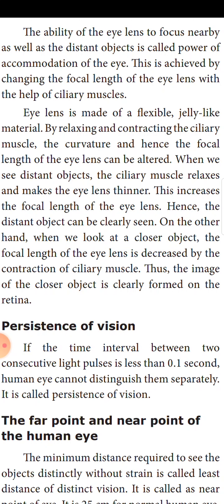When we see distant objects, the ciliary muscle relaxes and makes the eye lens thinner. This increases the focal length, hence the distant object can be clearly seen. When we look at a closer object, the focal length of the eye lens is decreased by the contraction of ciliary muscles. Thus, the image of the closer object is clearly formed on the retina. So, we saw how we are seeing closer objects and distant objects.